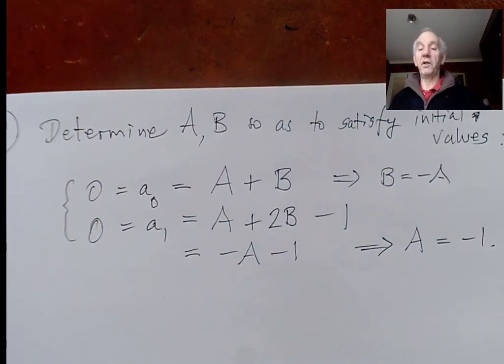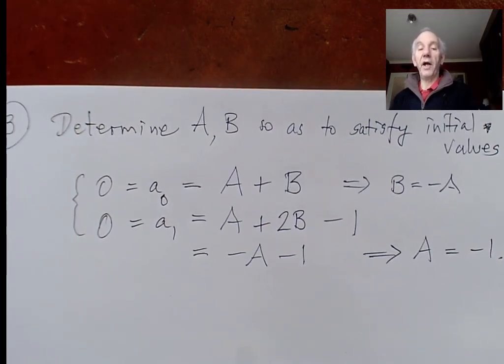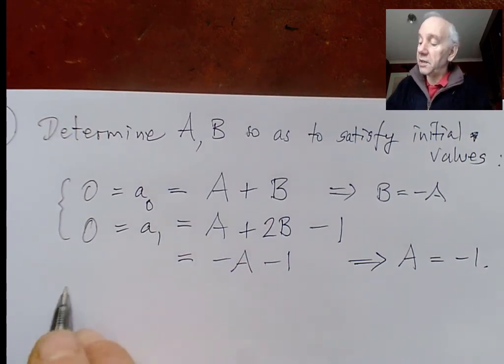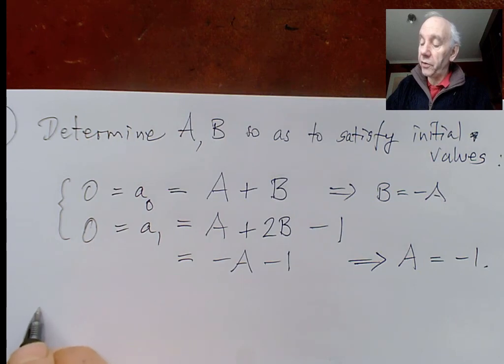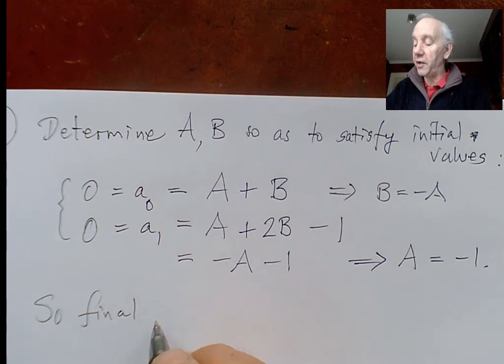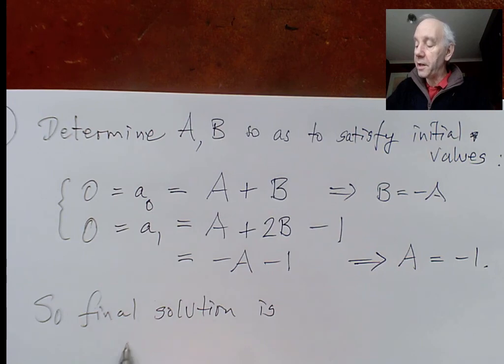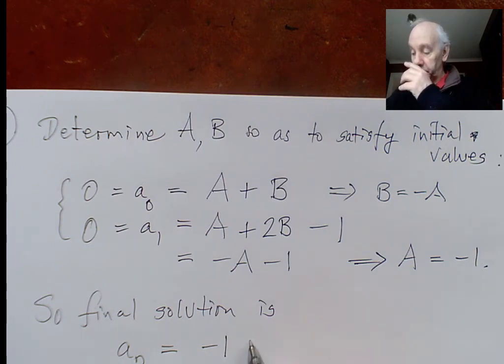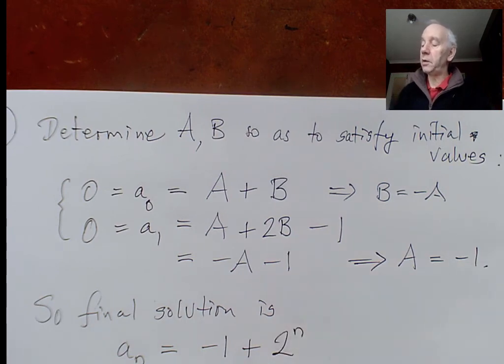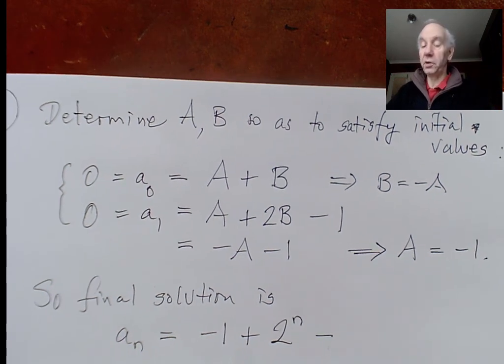And so the third step tells us that the final solution of our recurrence relation with initial values is AN is equal to minus 1 plus B, that's plus 1, times 2 to the n, minus our particular solution, which is n.